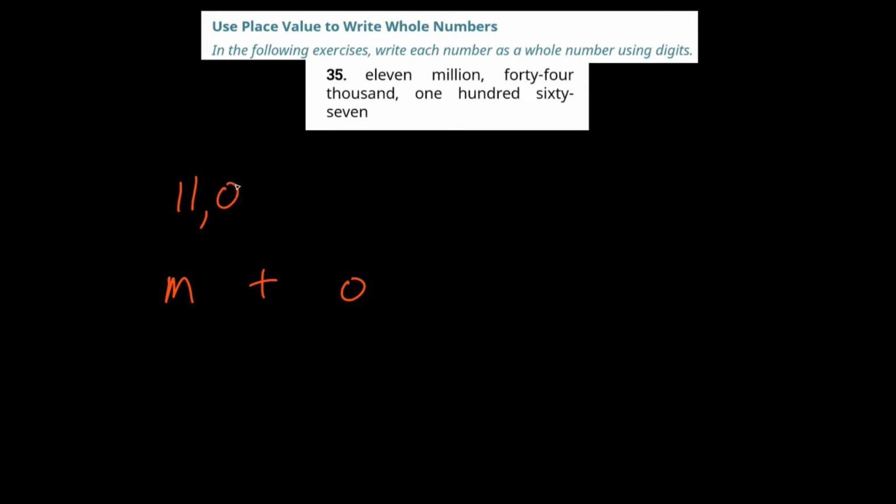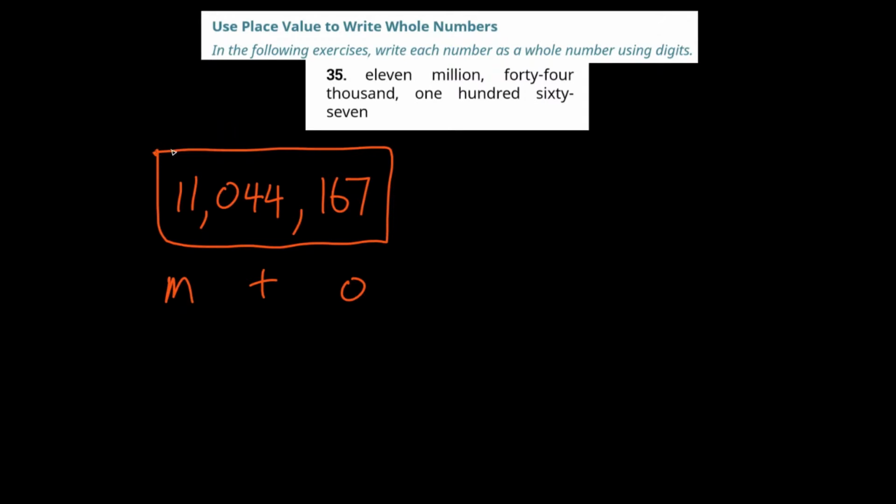We need to put a zero in the hundreds place because we don't have any 100,000s, but we have 44,000s. Put a comma to separate periods. And we have 167 ones, but we don't say ones. We'll just put 167. So this number looks like this in standard form, or using digits, 11,044,167.